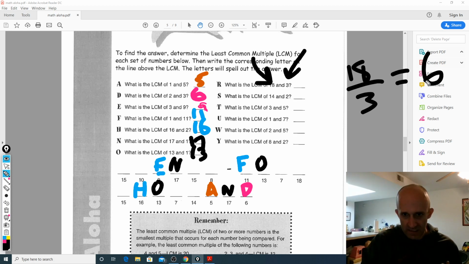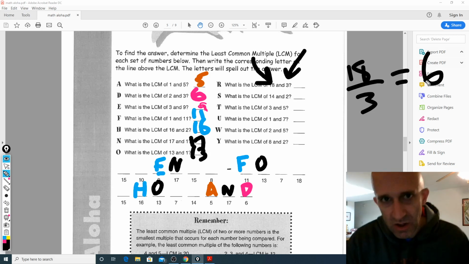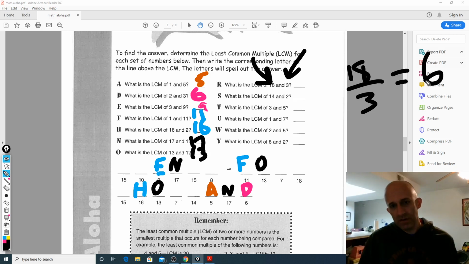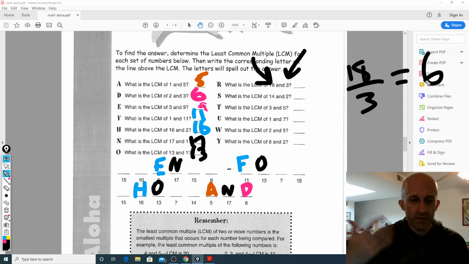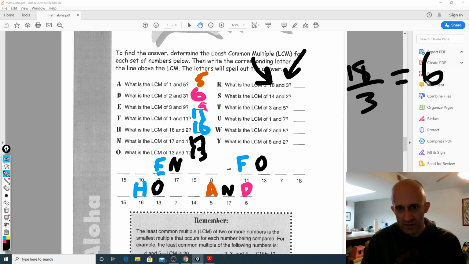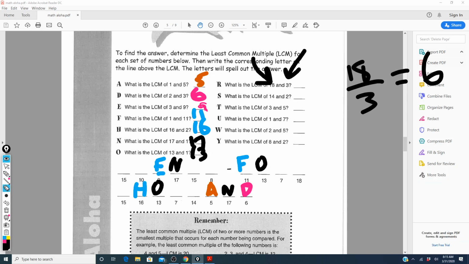You have numbers like these that you see, like 18 and 3, 14 and 2, 1 and 7, 2 and 8. You can look at this and say, well, can that smaller number be divided into that bigger number evenly? That's a way for you to kind of figure out that least common multiple. So let me get the garble off of here.